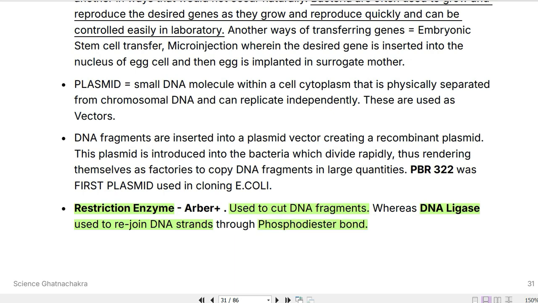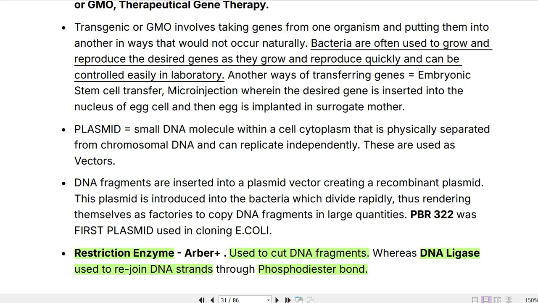Just remember the name of this bond with which you are able to rejoin the DNA strands. So the restriction enzyme is used to cut the DNA strands, and then ligase enzyme is used to rejoin the DNA strands using a bond called phosphodiester bond.